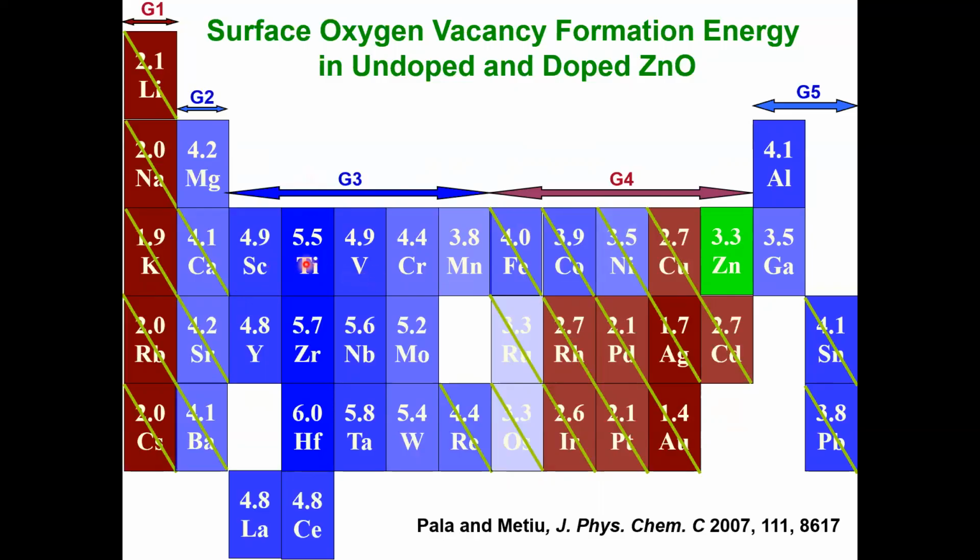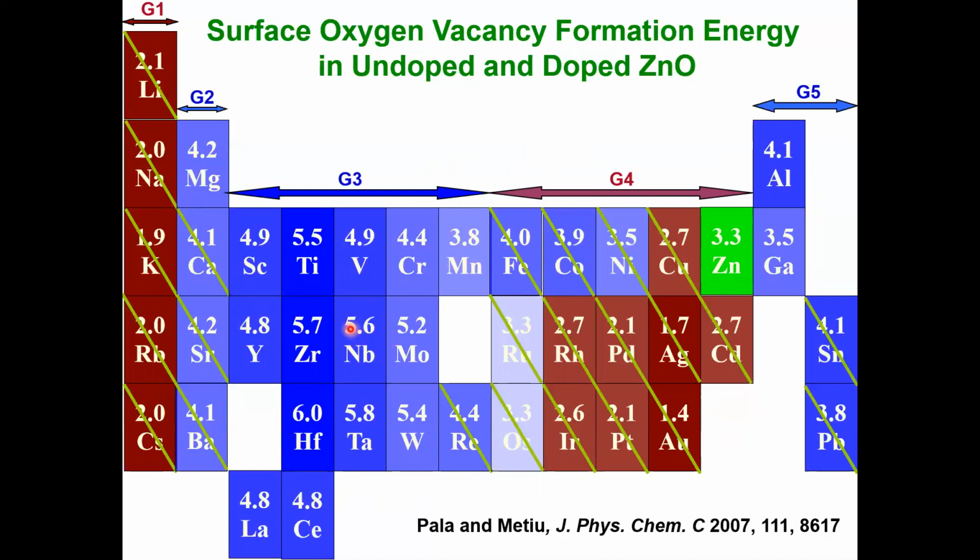All dopants that promote oxygen vacancy formation I've coded red, and all those that make it more difficult I've coded blue. Titanium, a very strong oxide, makes it very hard: the oxygen vacancy formation energy increases from 3.3 to 5.5.